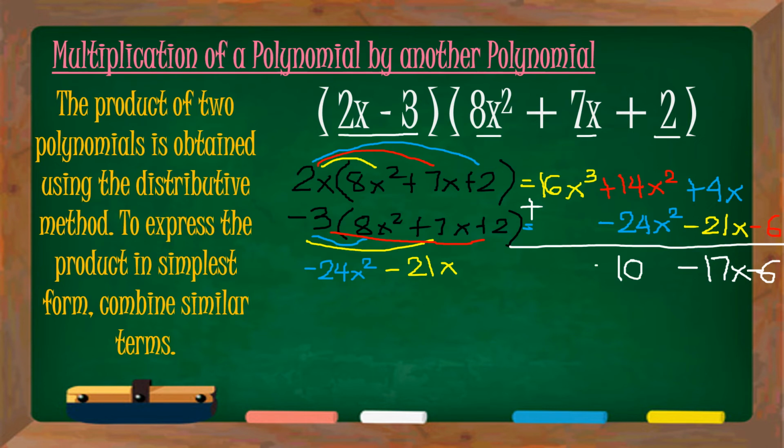So, negative ang ating answer. Bring down natin si x to the second power. And we can now bring down 16x to the third power. So, the answer is 16x cubed minus 10x squared minus 17x minus 6.